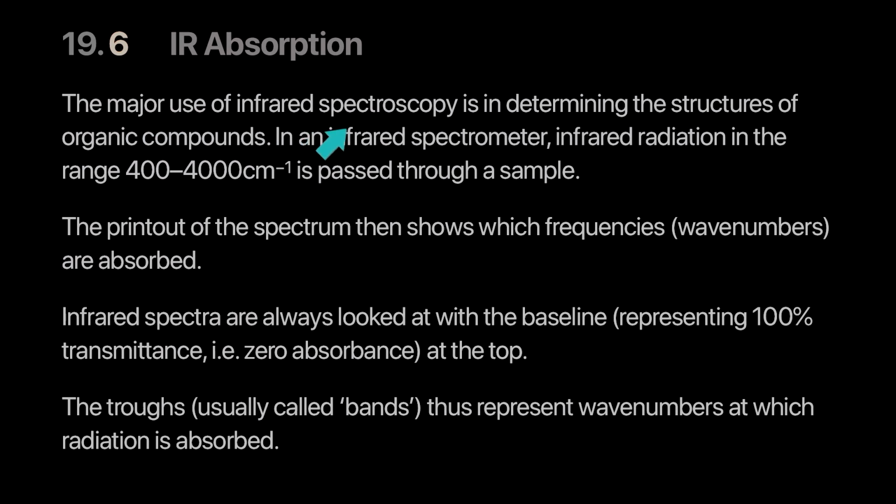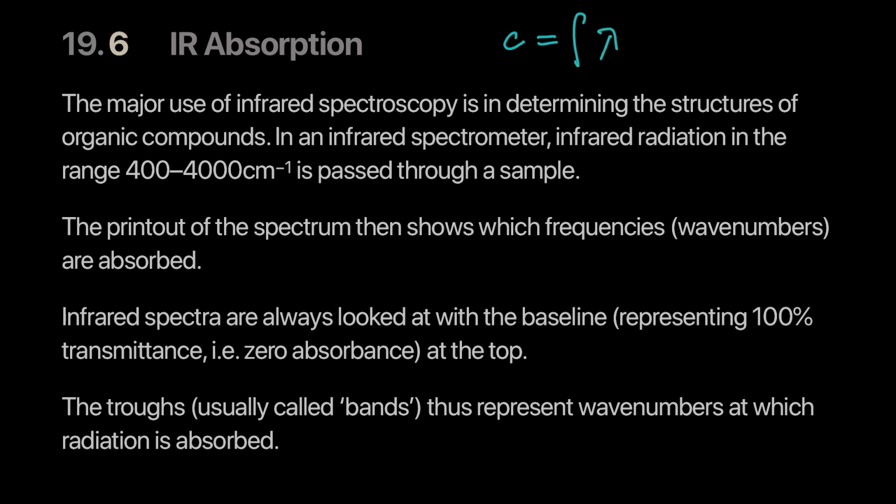So the major use of infrared spectroscopy is determining the structure. Basically, the infrared radiation is generally in the range of 400 to 4000 centimeters inverse. This unit is really the inverse of wavelength, which we call wave number. For those who take physics, the speed of light, a constant, is frequency times lambda, the wavelength.